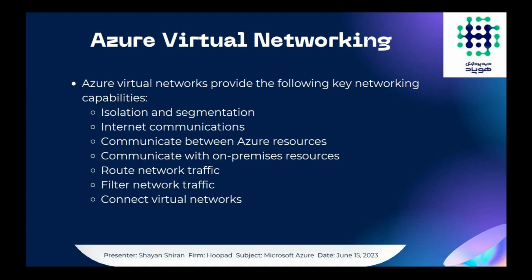And I think this is the last topic of this presentation, virtual networking. Azure Virtual Networks provide the following key networking capabilities, as you can see in this slide: isolation and segmentation, internet communications, communication between Azure resources, communication between on-premises and Azure resources, and routing network traffic.